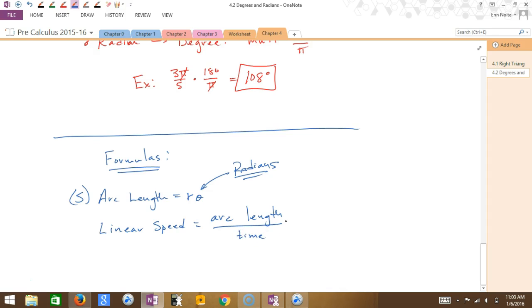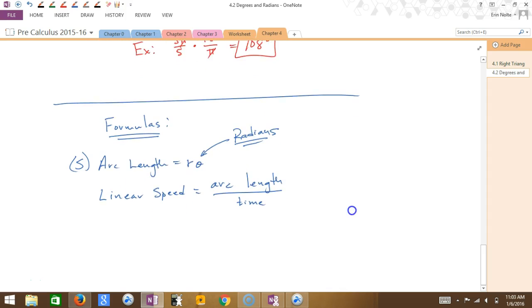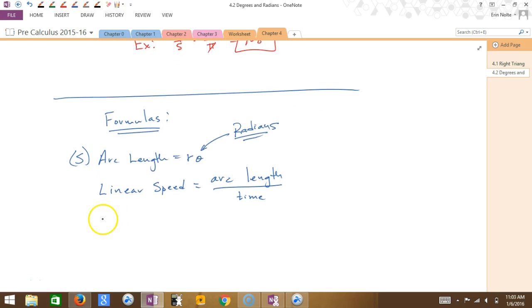There is no variable for linear speed that I'm aware of. They'll also ask you to figure out how fast an angle can travel. That's the angle divided by time. That also must be in radians.